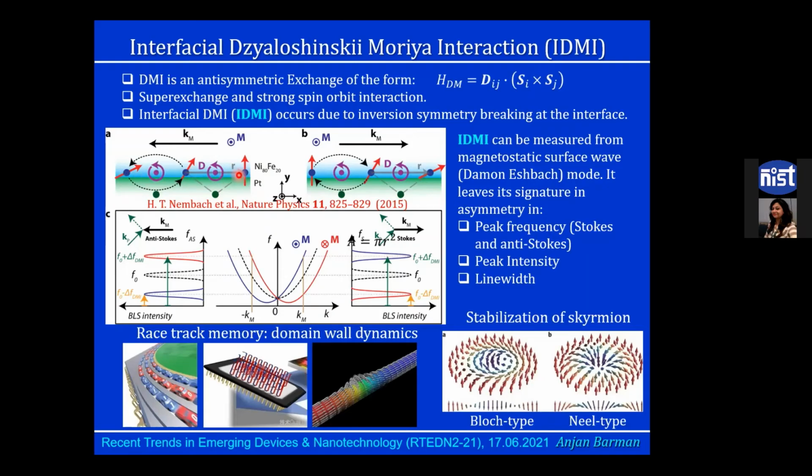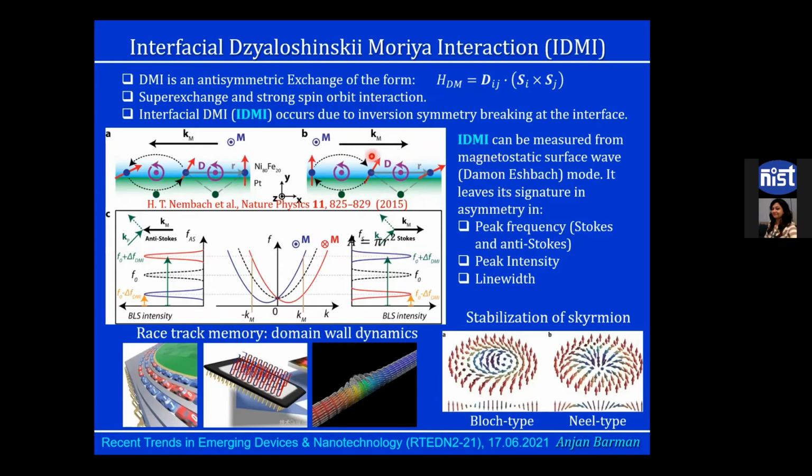So if you are flowing along this direction and that direction, the chirality is different. The spin wave propagating in the positive or negative direction will have a different effective field, because the DMI vector will have a different direction with respect to that. As a result, you will have different frequency, different peak intensity, or different peak line width.